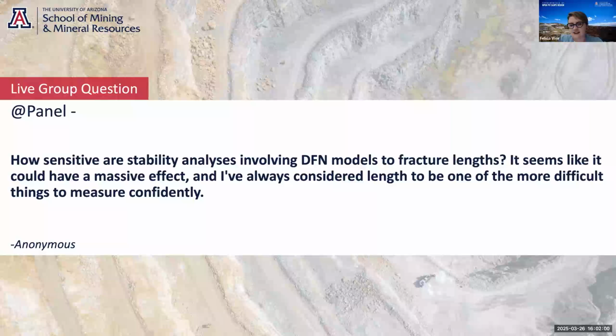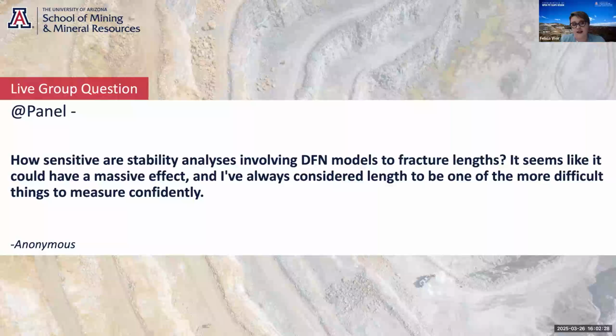Yeah, and I agree with the person asking the question. Length is 100% one of the most difficult factors in a structure model to determine accurately, particularly if all you've got is boreholes. Then all you can do is have a good engineering geology best guess, and I'd encourage you to undertake sensitivity analyses, varying the lengths in your DFN models.